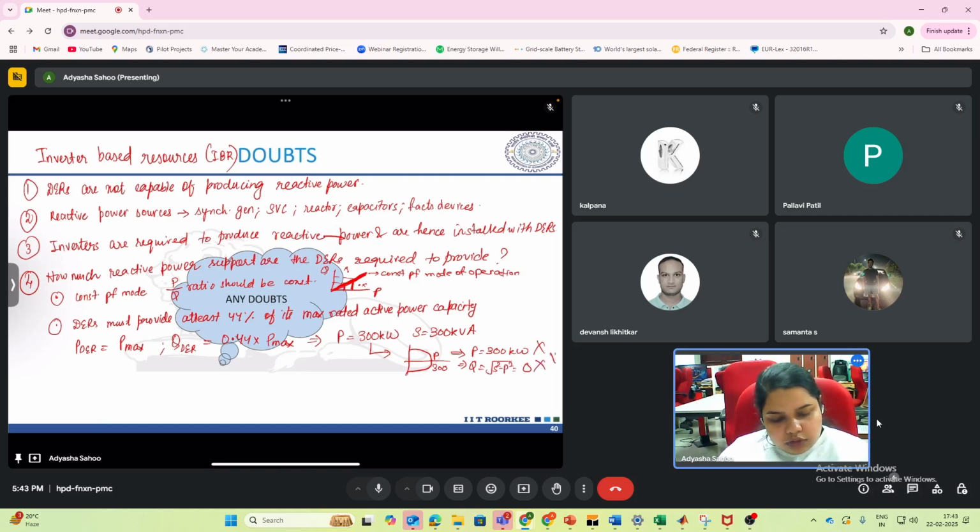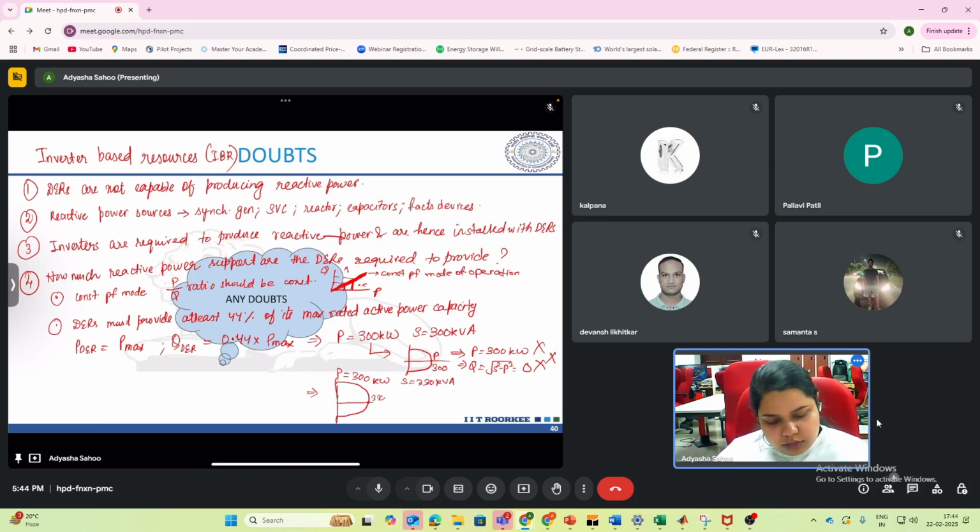So the inverter rating should be such that usually it is 1.1 times, 330, I think. So if your P is 300 kilowatt and your inverter rating is 330 kVA, this is your 330, but the active power cannot go beyond 300 kilowatt, right?